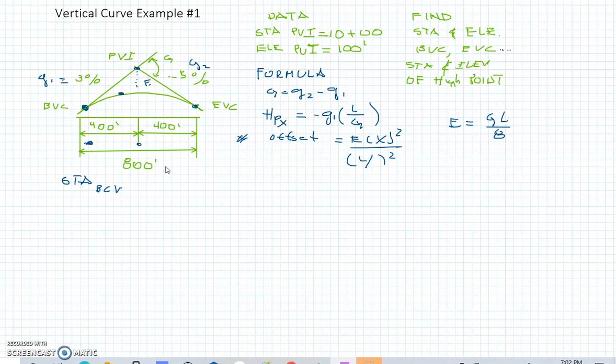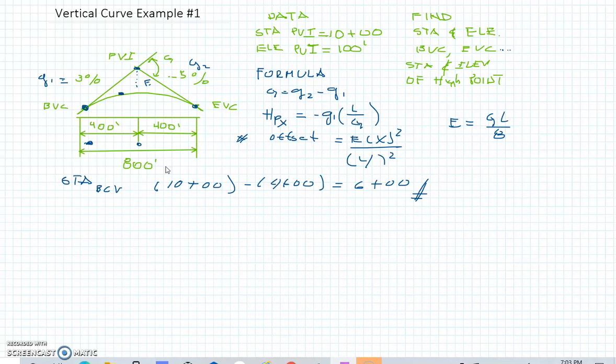The only thing I have to do is take my station PVI, which is 10 plus 0, and subtract the 4 stations, and that gives me 6 plus 0.